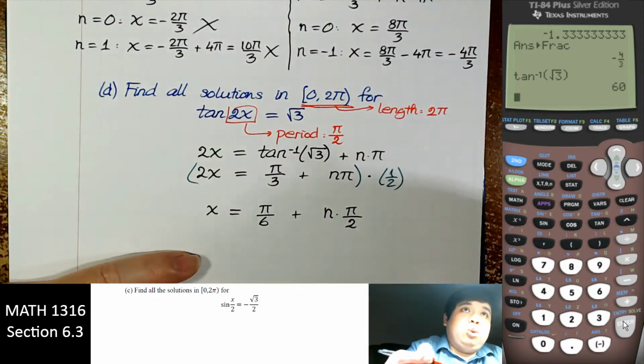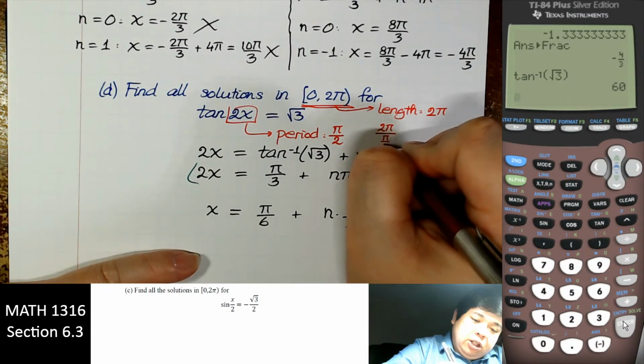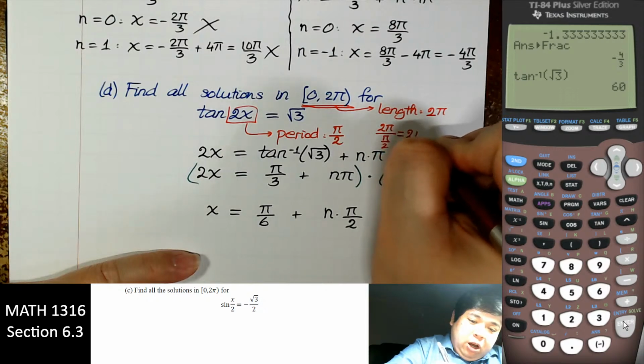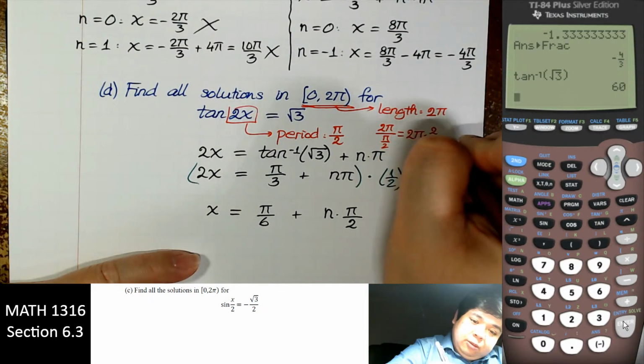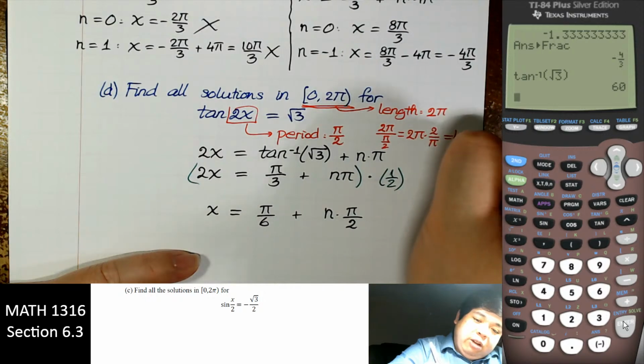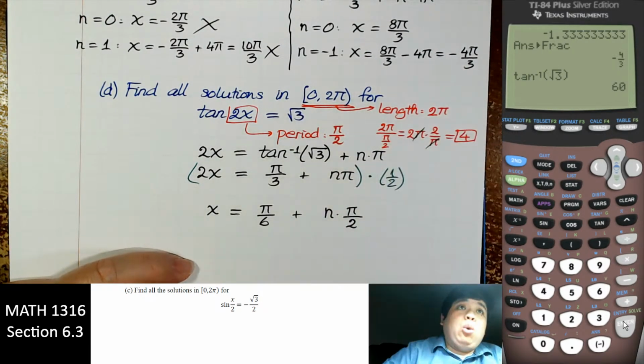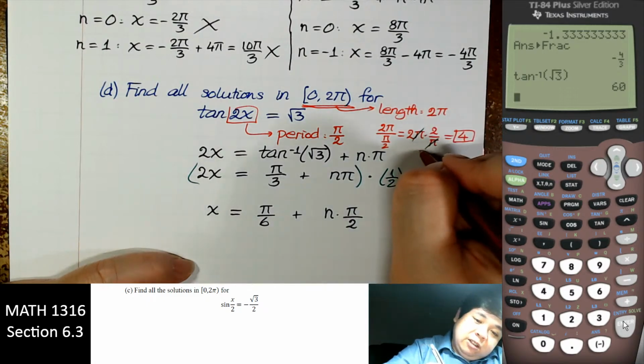So it's pi over 2. And then if you take 2 pi over pi over 2, multiply by the reciprocal, pi and pi cancel out, we have 4. That means we're going to need 4 values for n.